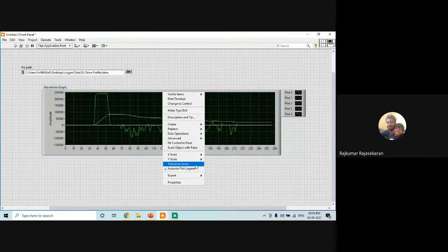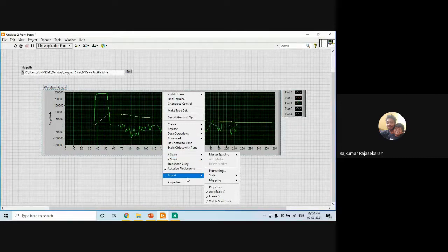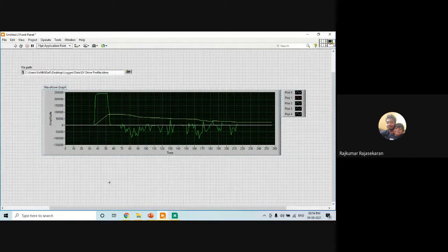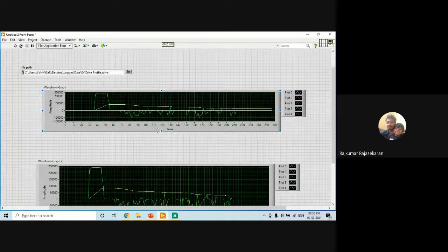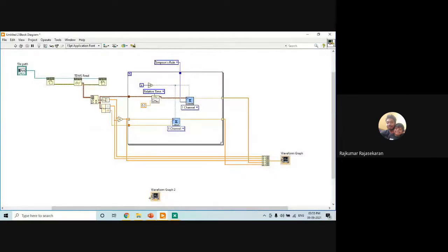Fit control to plane. Or you can use a different graph for different objects. But that's going to take a lot of space. But if you want different scales for different objects, that will be the best way to go.